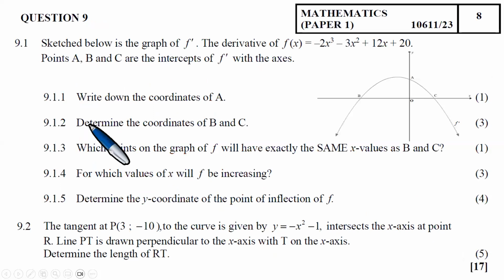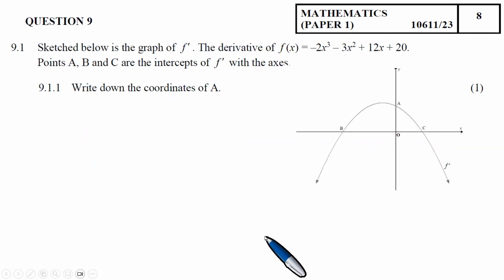Right, here also there are more graphs that you need to understand. Sometimes they can give you the graph, like the sketch below is the graph of f prime. So they can give you the graph of the derivative and ask you to find some points, some coordinates, and so on. Let's understand and answer the question that follows.